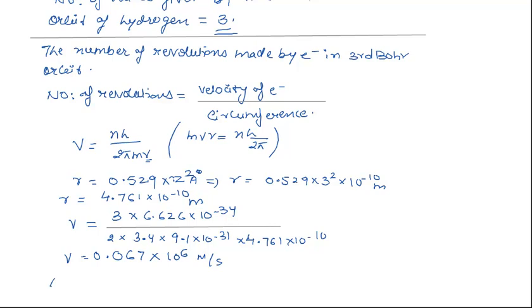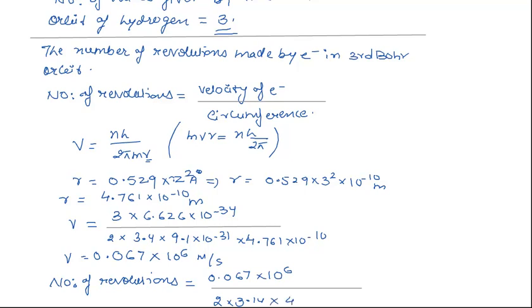Now let's find out the number of revolutions the electron makes in third orbit. What is the velocity we have calculated? 0.067 into 10 to the power 6, and that needs to be divided by 2 pi r, that is 2 into 3.14 into the radius of the third orbit, 4.761 into 10 to the power minus 10.